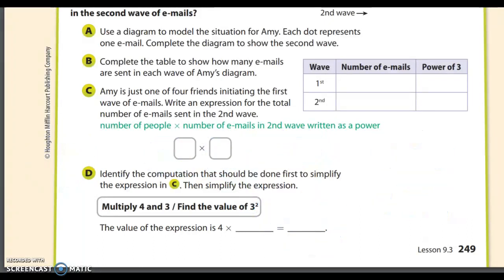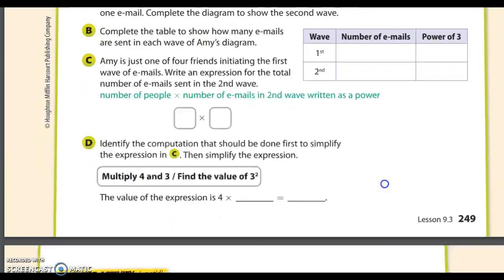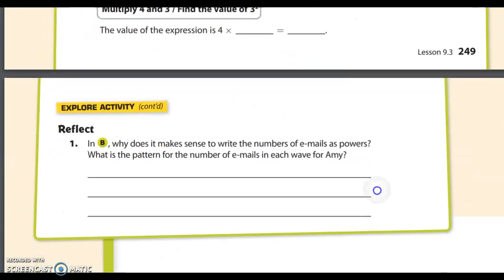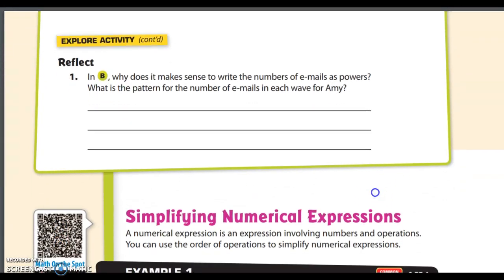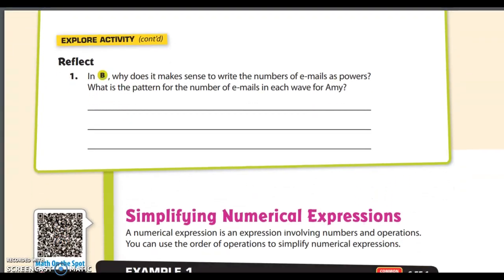All right, we're going to actually go and do the reflect at the top of page 250 right now on the same video. It says reflect number 1. In B, why does it make sense to write the numbers of emails as powers? What is the pattern for the number of emails in each wave for Amy? So what we had was the first wave, and that was 3 emails, and it was 3 to the first.